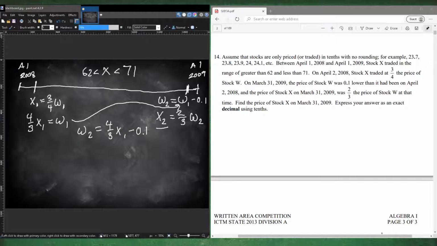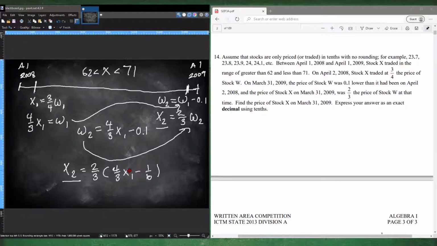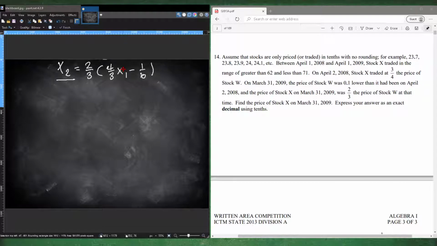Now we have W2, which we could plug in here. So X2 is equal to 2/3 of (4/3 of X1 minus 0.1), which I'll write as 1/10, since everything's already in a fraction. And we have to look for X2. Now we don't need the timeline anymore, and we just need to solve this equation.